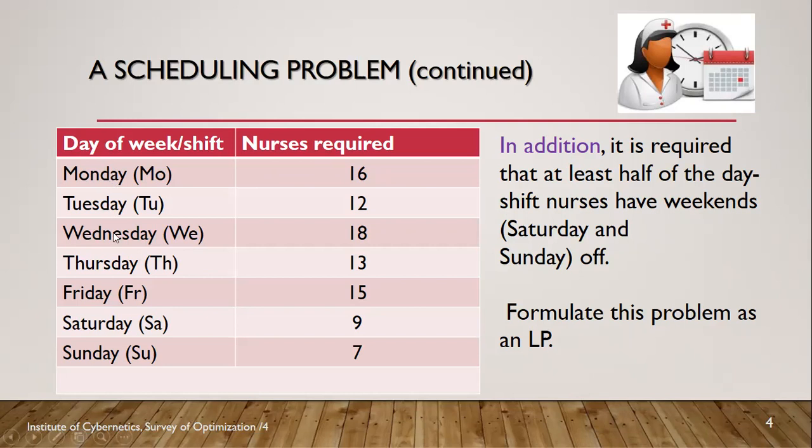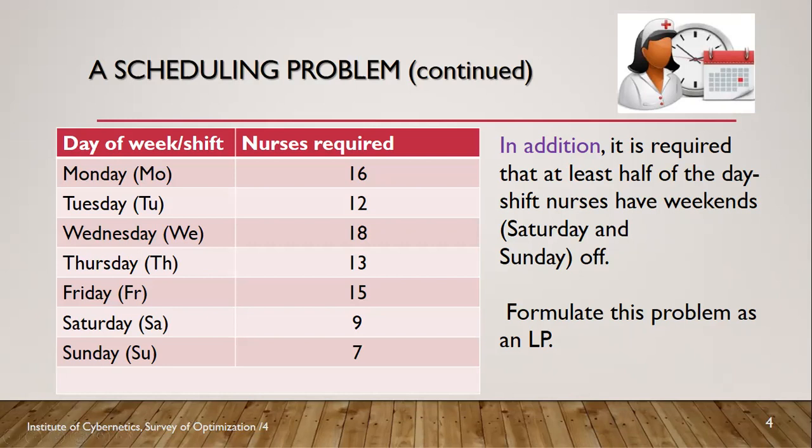Then she has 4 days off, meaning that she doesn't work on Thursday, Friday, Saturday, and Sunday. In addition, it is required that at least half of the day shift nurses have weekends off, meaning that at least half of the day shift nurses shouldn't work on Saturday and Sunday.